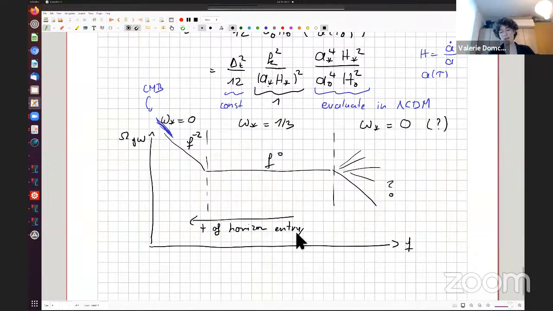So in a given phase of the cosmological history, you can evaluate this term here, and then you can find the frequency dependence of the signal. So if hypothetically you could measure this, you could measure this prefactor, the overall normalization of the spectrum. But you could also see any changes in the equation of state parameter of the universe, and any changes in the number of degrees of freedom, because here I'm being a bit sloppy.